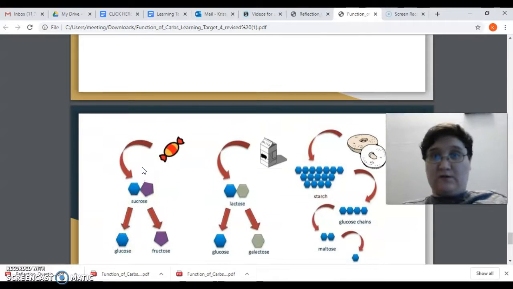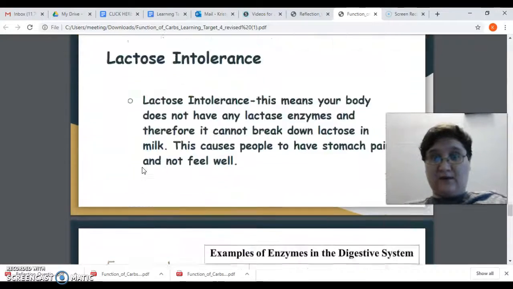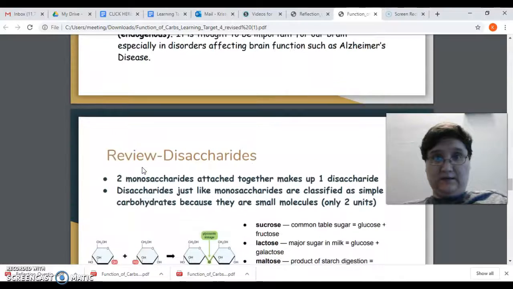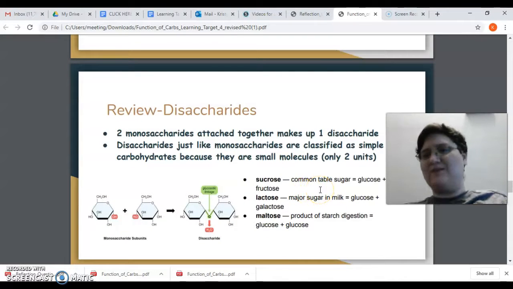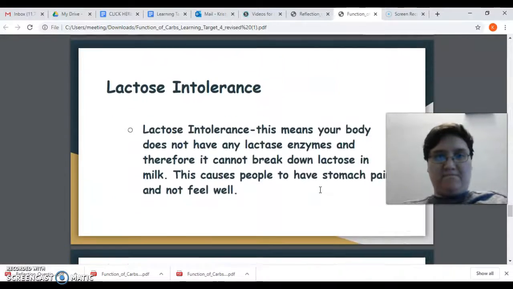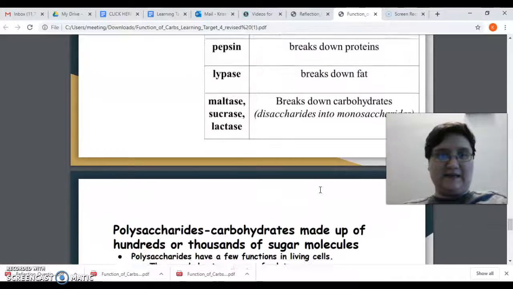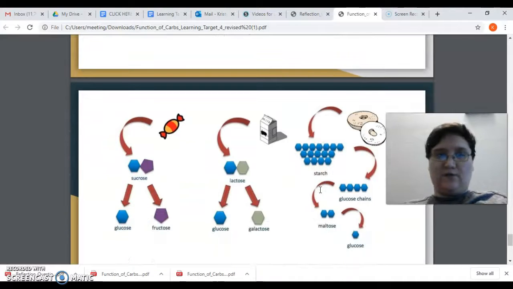If we go back to the disaccharide slide, sucrose is common table sugar. It's like the white sugar that we all know as sugar, right? So this candy that we're looking at here is primarily made up of sucrose.